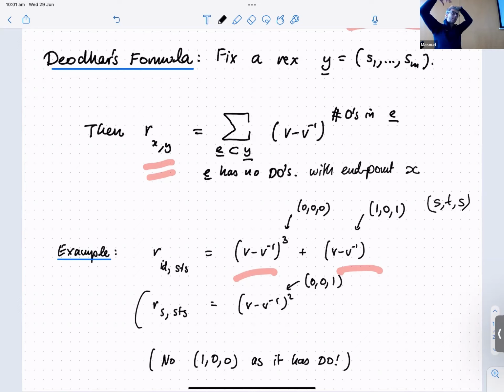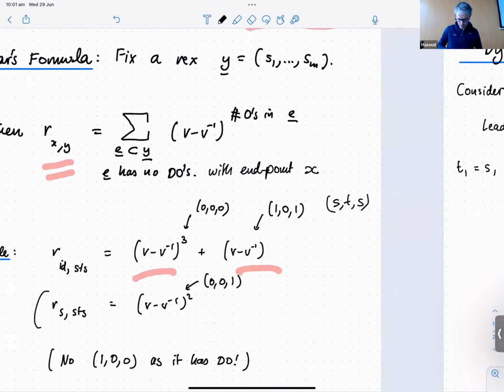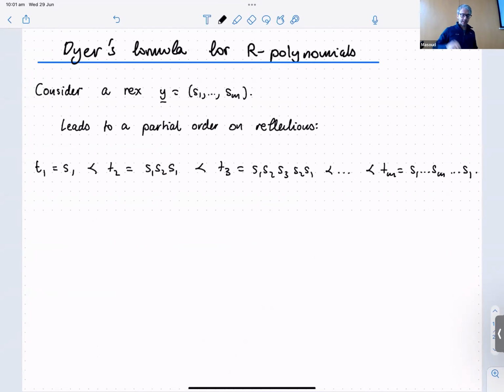Now I want to explain a beautiful reformulation of Deodhar's formula due to Dyer. I think he found it in a completely different way, but you can see it as a repackaging of Deodhar's formula, which just takes place in that interval of elements between X and Y. If we have a reduced expression for Y, we can consider all of the reflections which we would left multiply to do our journey.